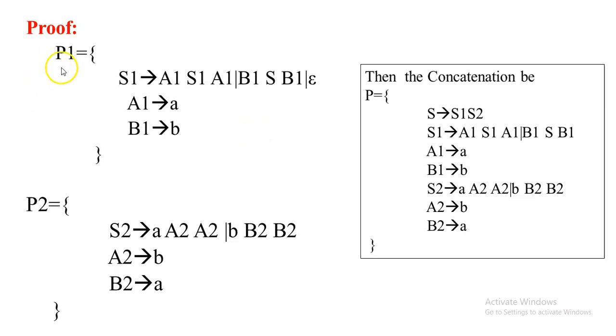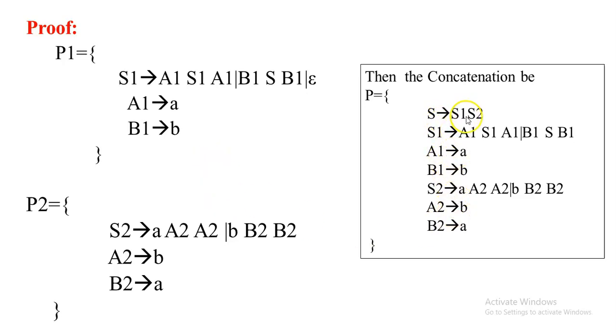Then we will see the example. The set of productions P1 has S1 deriving some set of strings, A1 deriving A, and B1 deriving B. Similarly, P2 has S2 deriving a set of strings, A2 deriving B, and B2 deriving A. The concatenation of both productions combines both strings.